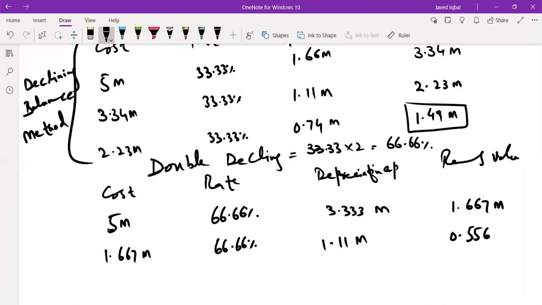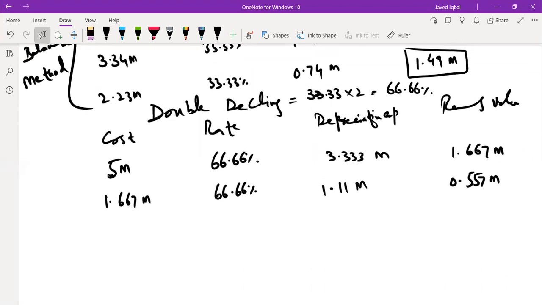Okay, 0.557, sorry. So you have 0.557 million as a remaining value.